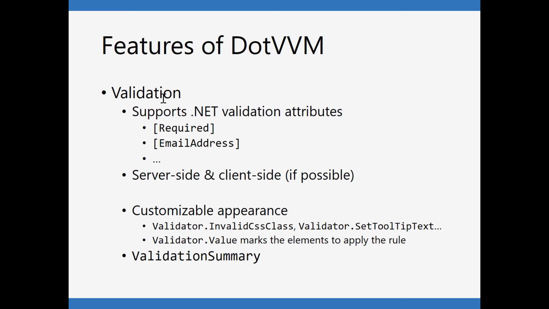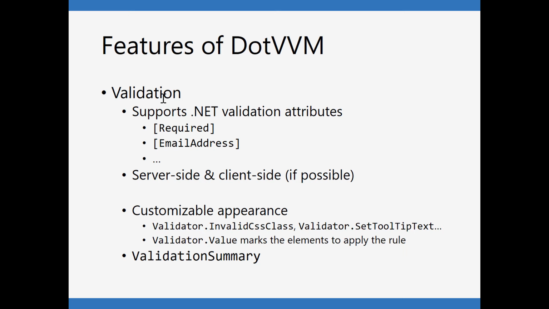Some attributes can be translated to the client side. So if you are using the required attribute, it will be, of course, checked on the server side. Everything is always validated on the server side. But DotVVM knows the required attribute, so it will be able to translate it and evaluate it on the client side. So the client validation happens automatically.